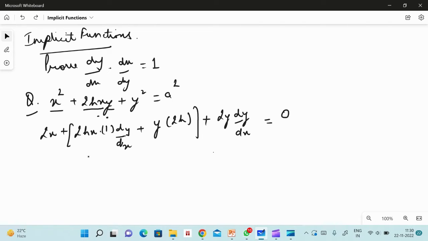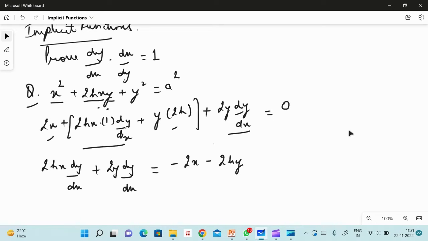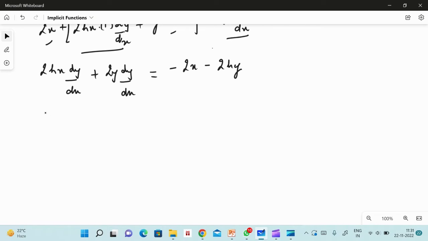I will keep the dy and dx terms on one side and shift the other two terms to the other side. So I have 2hx dy by dx plus 2y dy by dx is equal to minus 2x minus 2hy. Now I will take dy by dx common.